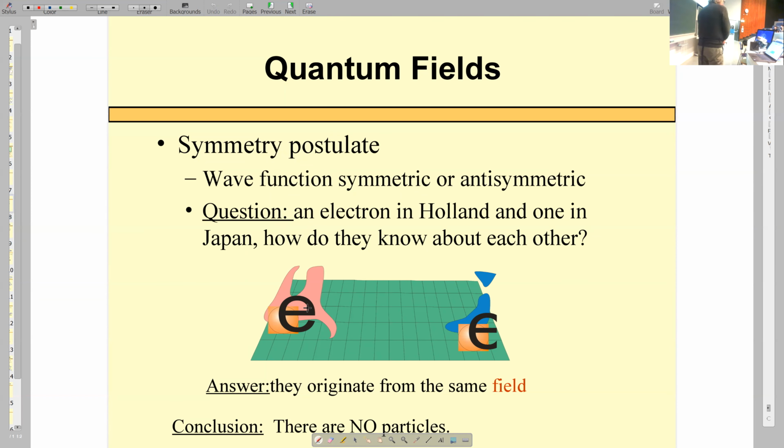Now I'm getting to the fields. Actually, the symmetry postulate was difficult to accept, but once you accept this as an experimental fact, the concept of quantum fields is just one step away. To understand this, let us ponder the following situation.